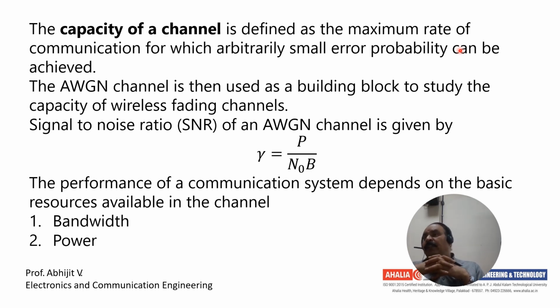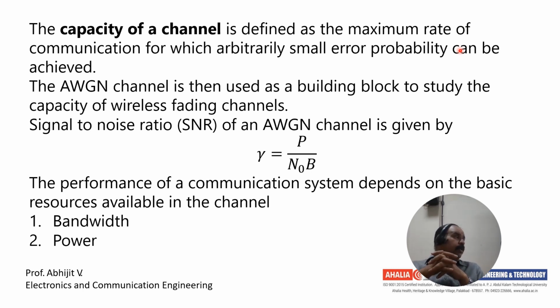So whenever we design or model a wireless channel or any kind of communication channel, we should take probability of error into consideration. We have to bring probability of error to the least possible value so that our channel becomes highly reliable and will have good capacity.